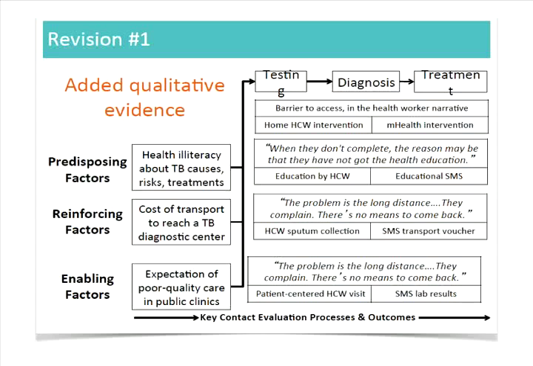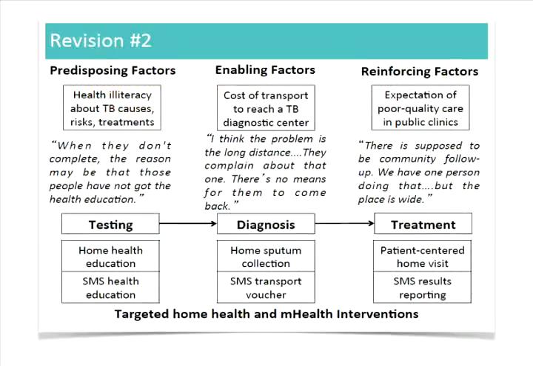So after many more iterations, I'm not sure that this was just revision 2, but for expediency, we got to this. So now what do you think? Yeah, so at this point, you can argue with whether or not we've conceived it in the right way, but at least now you know that we conceive these as being predisposing factors, and they affect whether or not a contact would come in for testing.